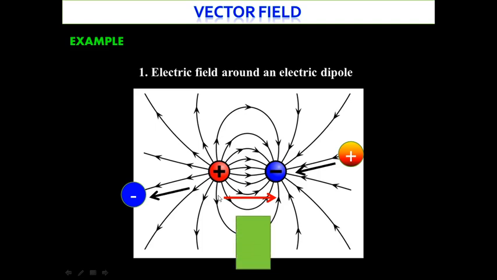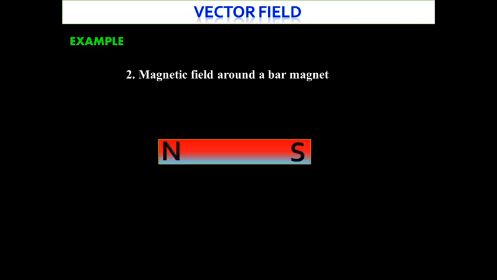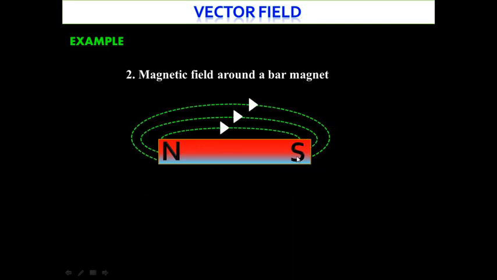Second, the magnetic field. The magnetic field around a bar magnet also has a direction, so it is also an example of a vector field. Suppose this is a bar magnet, and we know that this is the north pole and this is the south pole. Magnetic lines of force originate from the north pole and end on the south pole. This is the direction of the magnetic lines of force.